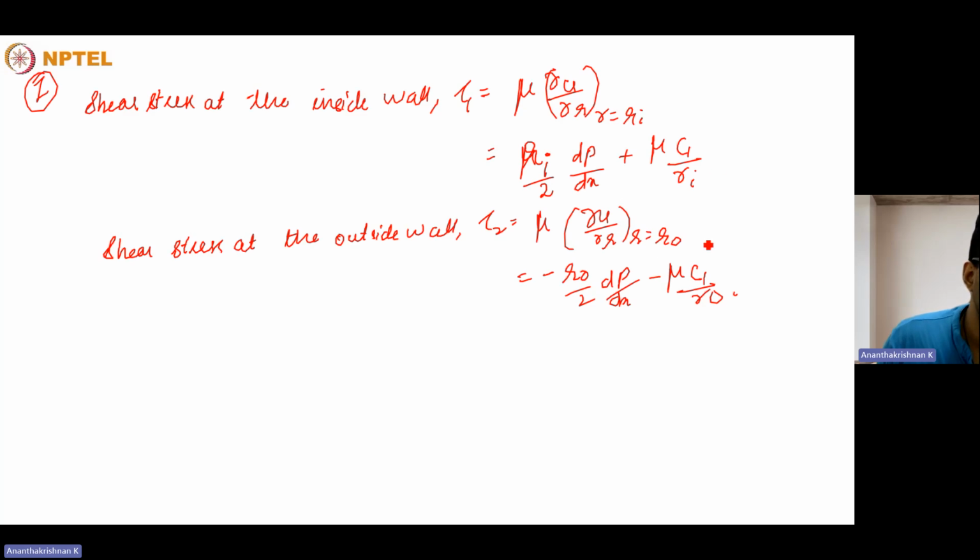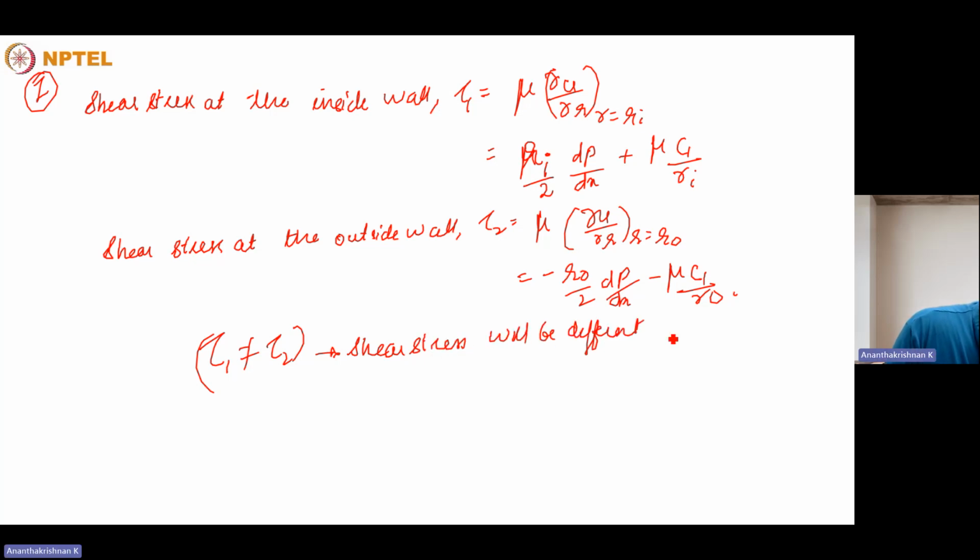So from this, it's clear, even without substituting the C1 value, that tau 1 is not equal to tau 2. That is, shear stress will be different at the inside as well as the outside walls.